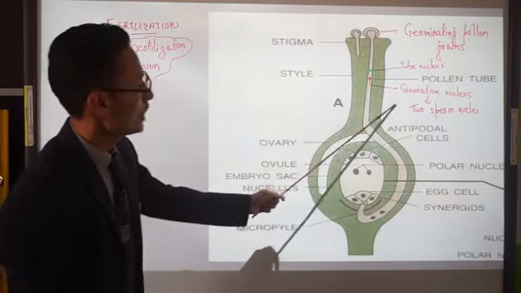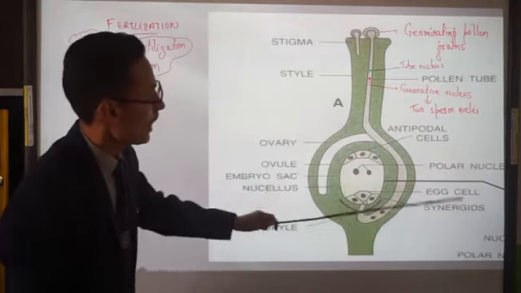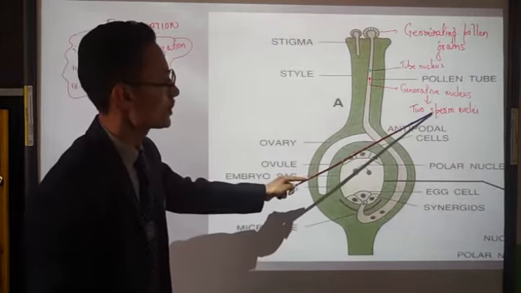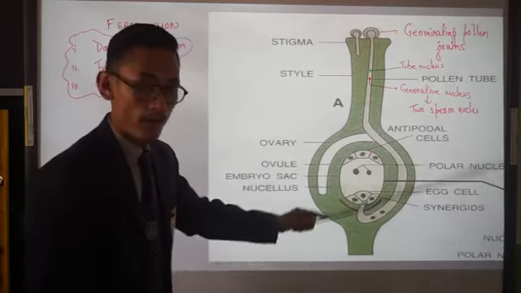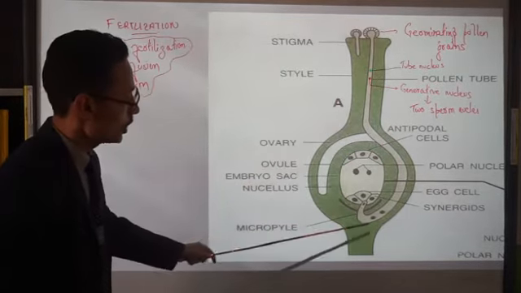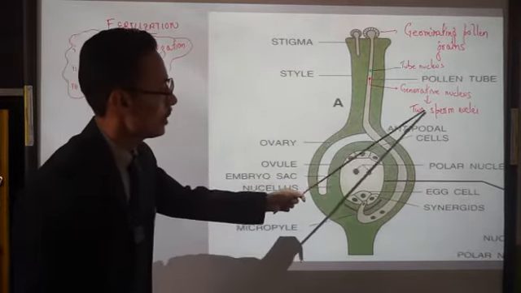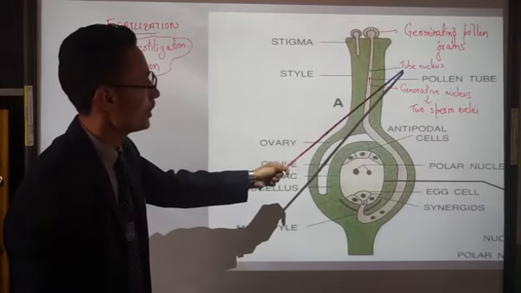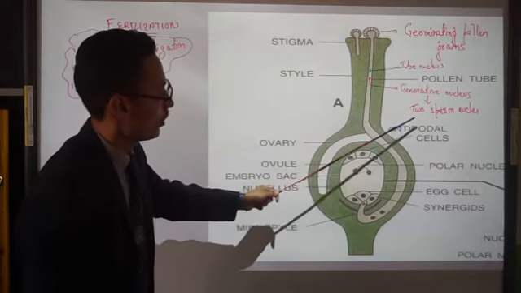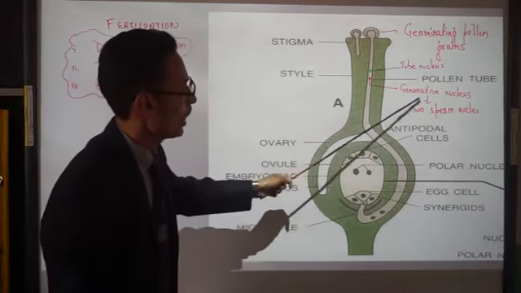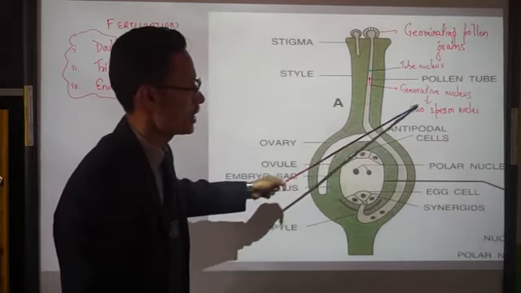Generative nucleus will divide to form 2 sperm nuclei. So finally, inside the pollen tube, we will find 2 sperm nuclei and the tube nucleus. Now these 2 sperm nuclei will help in the process of fertilization.